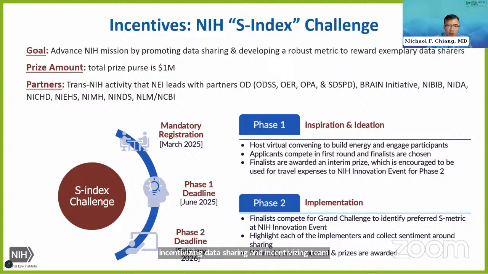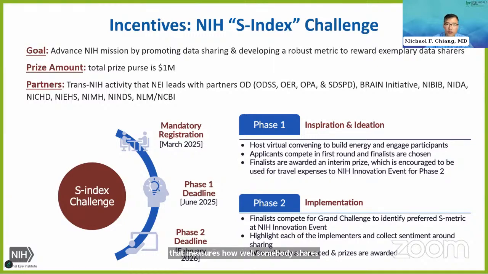Now, along those lines, we've been having a lot of conversation about this in Bethesda. And we've recently, about a month ago, announced what we're calling an NIH S-Index Challenge. Okay, so this is a $1 million challenge to develop a metric that measures how well somebody shares data and how useful that data is to other people.